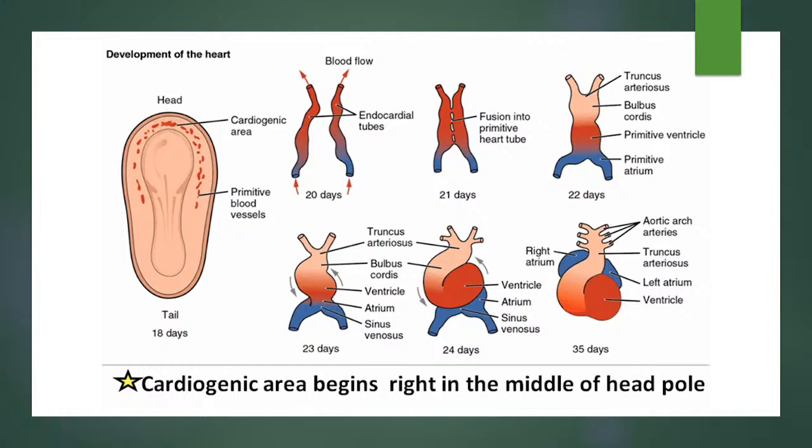Septa begin to grow in the atria, ventricle, and bulbus cordis to form the right and left atria, right and left ventricles, and two great vessels, the pulmonary artery and the aorta.